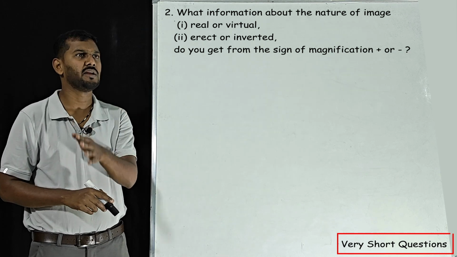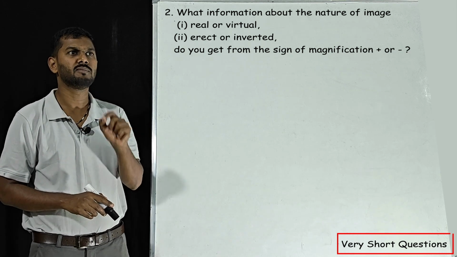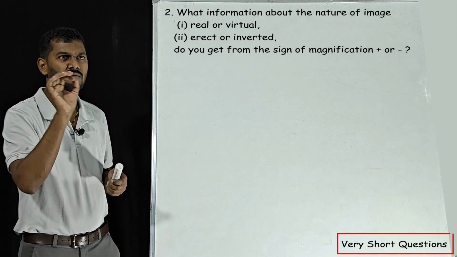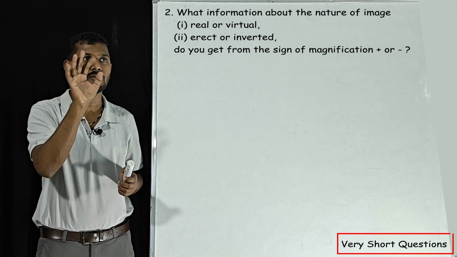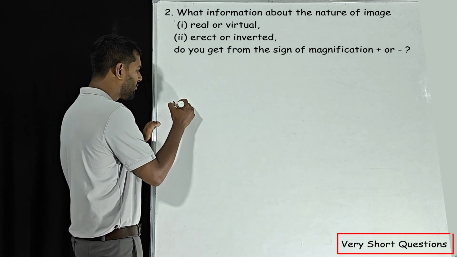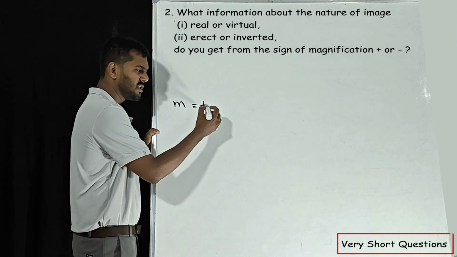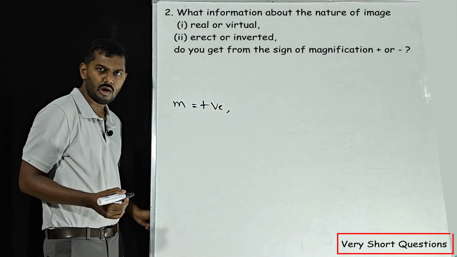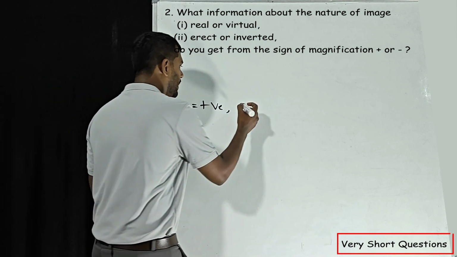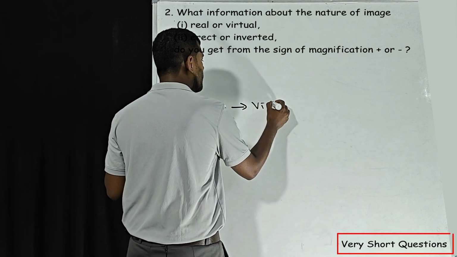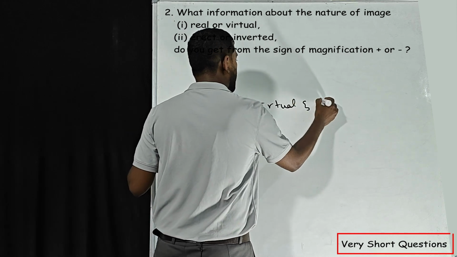That's it. Our next question, what information about the nature of image, whether it is real or virtual, and second, erect or inverted, do you get from the sign of magnification, plus or minus? It's a very simple question, but we need to understand it properly. When it comes to magnification, if it is plus or positive, the image will always be virtual and erect.